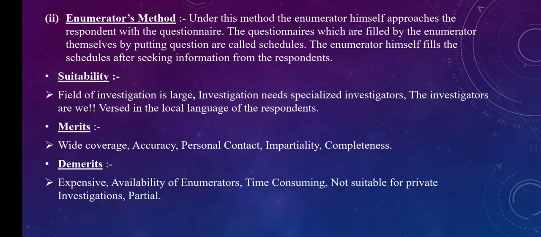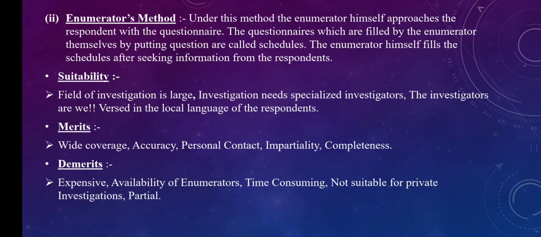So when the enumerators fill the questions themselves, that particular questionnaire becomes what? It becomes the schedule. It is called a schedule. A schedule is just a questionnaire when it is filled by the enumerator himself, right?